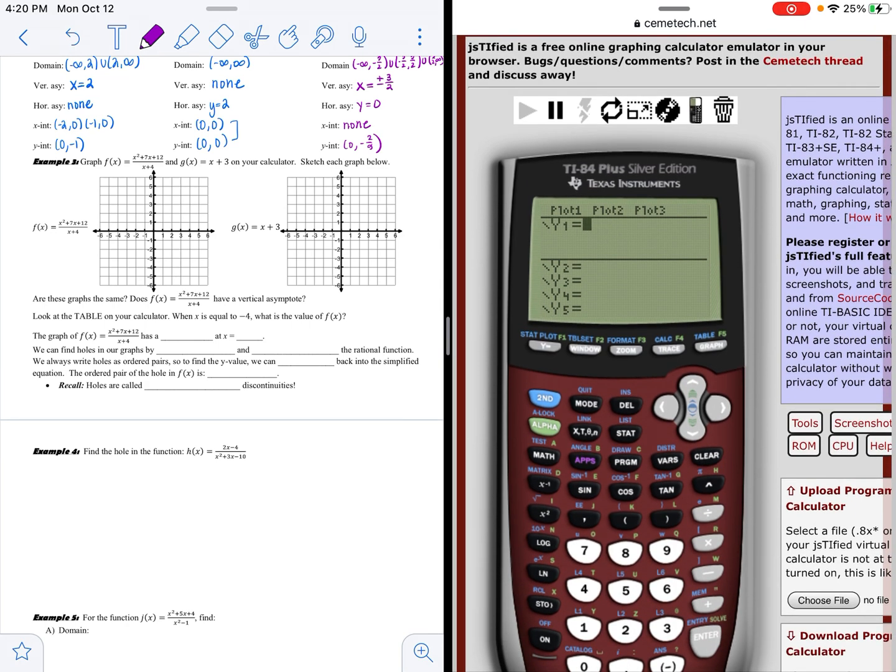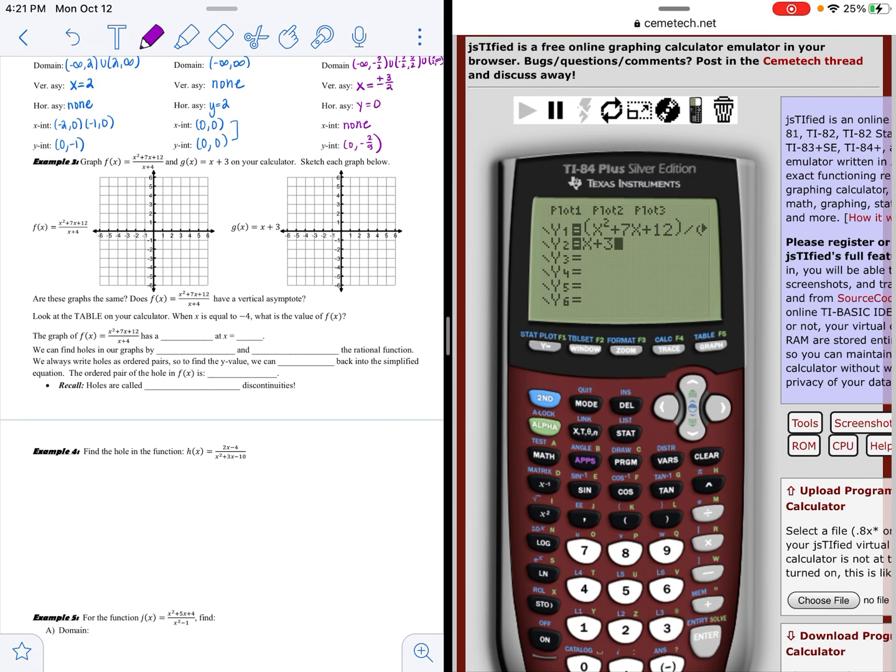Okay, so the first one, I'm going to do parentheses, x squared plus 7x plus 12, parentheses, divided by, parentheses, x plus 3.